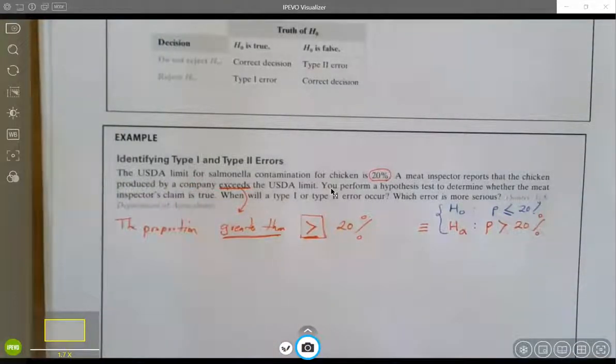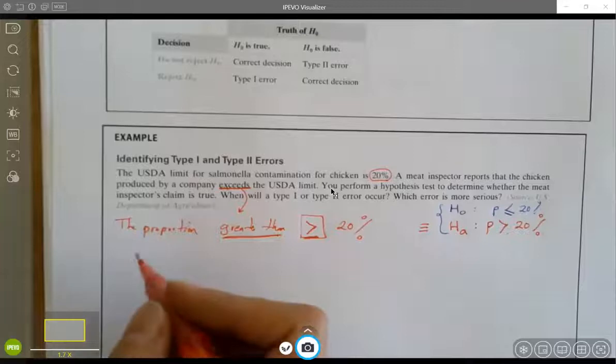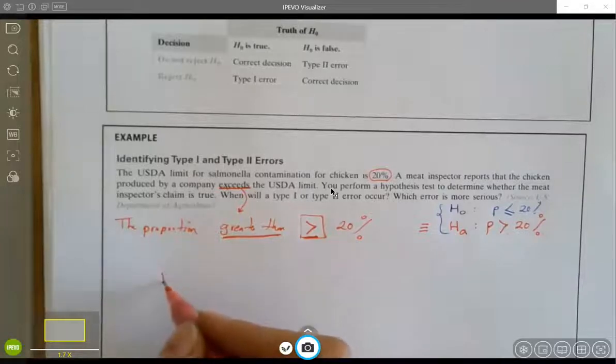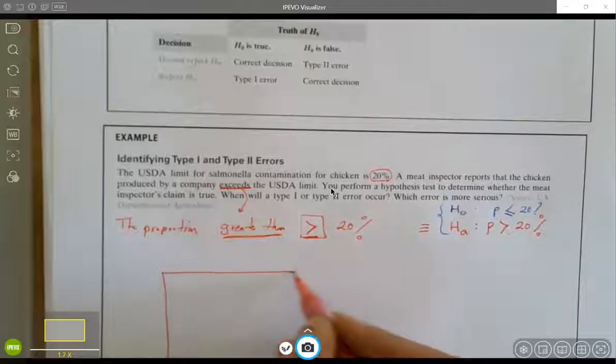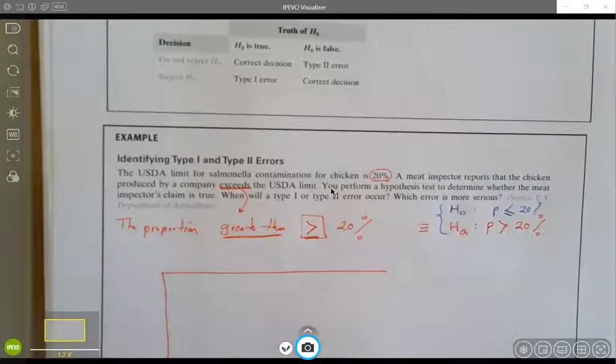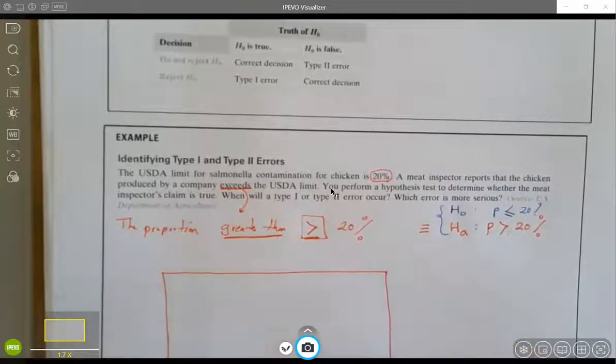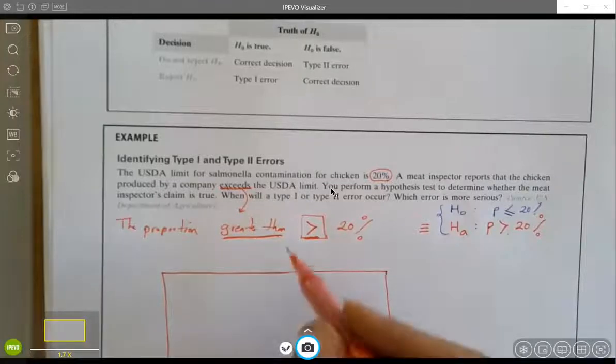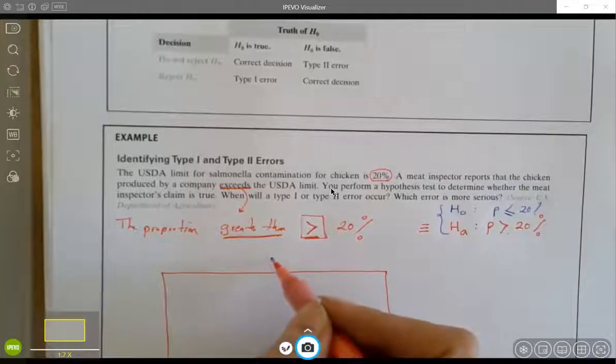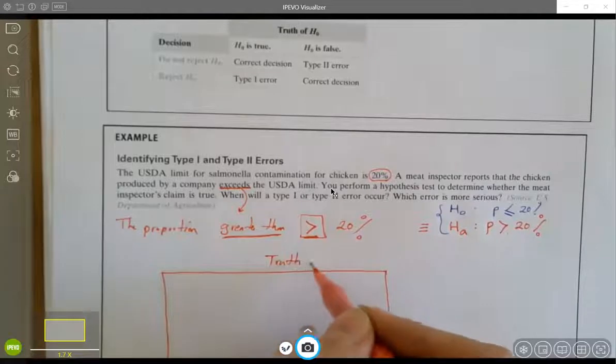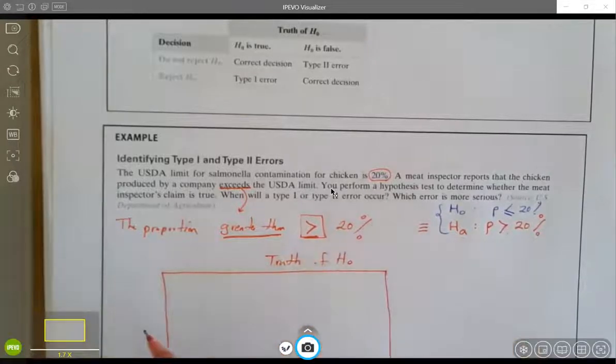Very well. Now let us analyze type 1 and type 2 error. Let us form our table. Truthness about our null hypothesis, and here we have our decision.